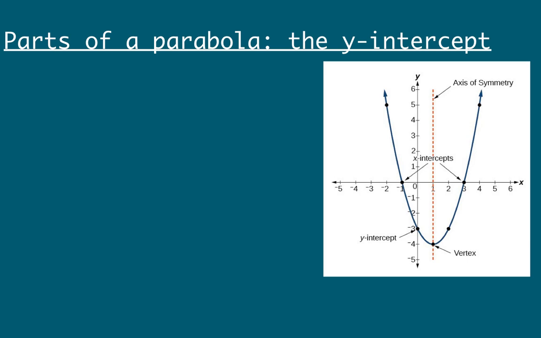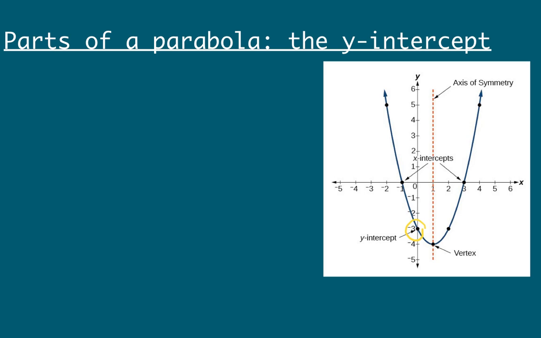The next thing we want to think about is the y-intercept. The y-intercept is the point at which the parabola might cross the y-axis. So anytime something crosses the y-axis, it is considered the y-intercept. There cannot be more than one y-intercept for the graph of a quadratic function. If there were, the curve would not be a function, as there would be two y values for one x at 0.